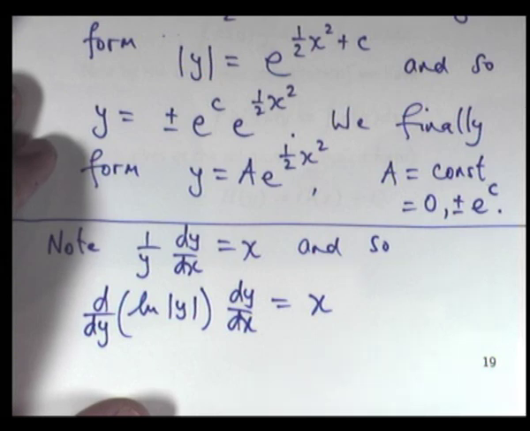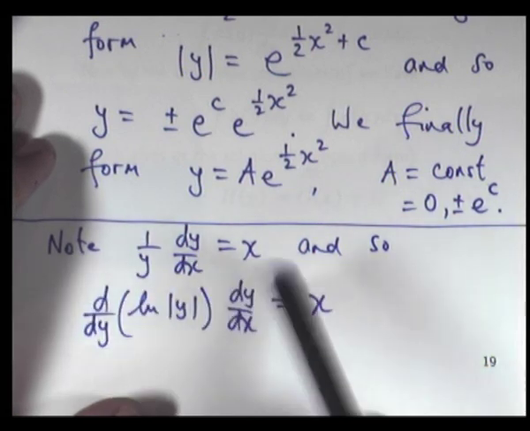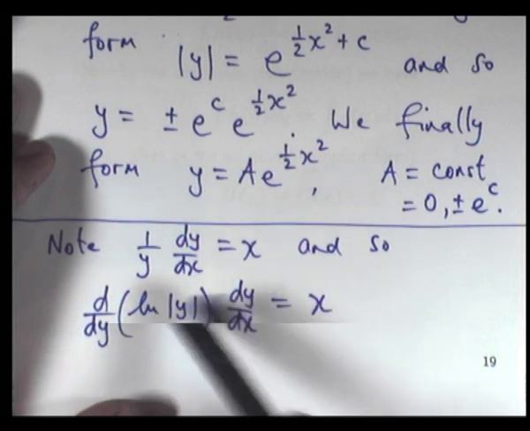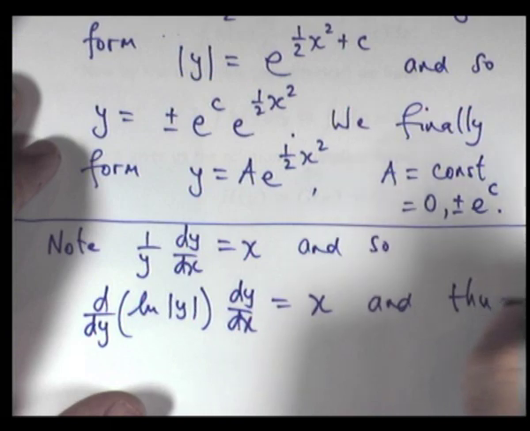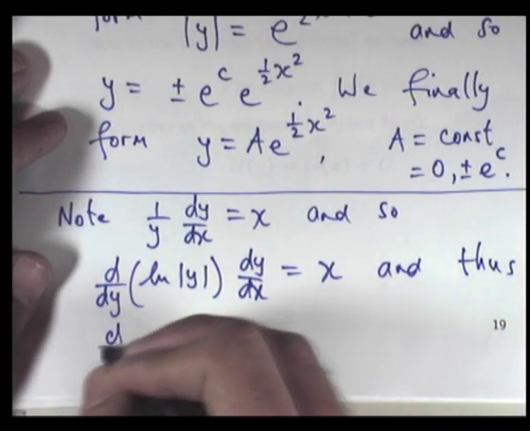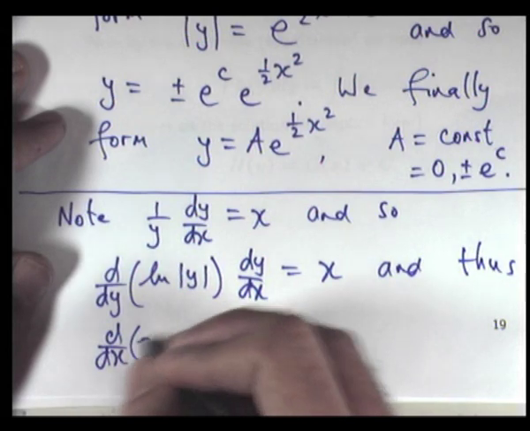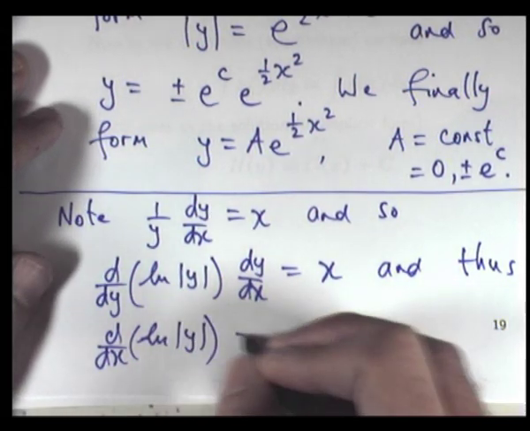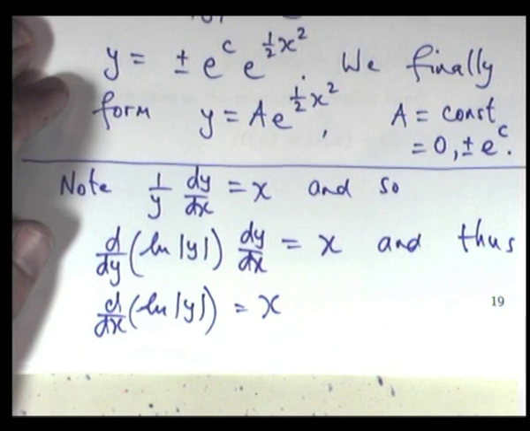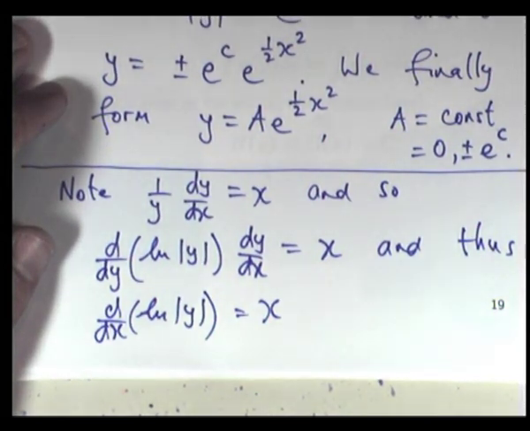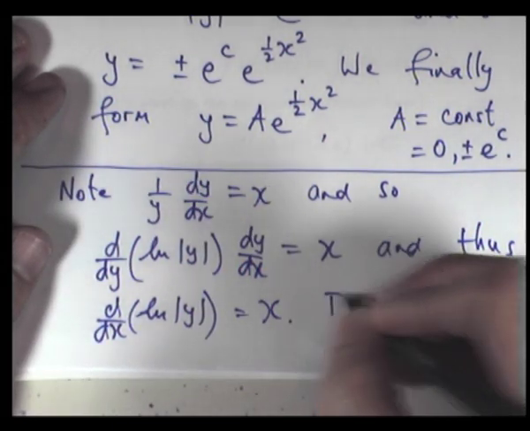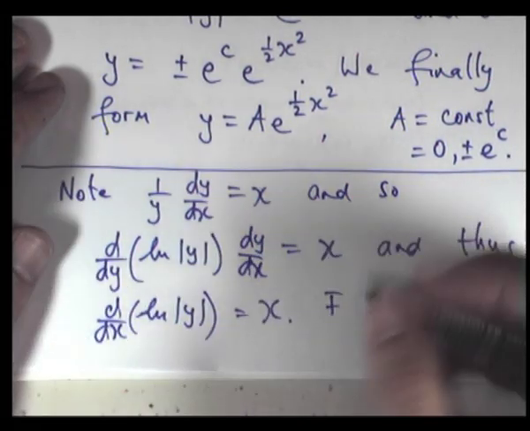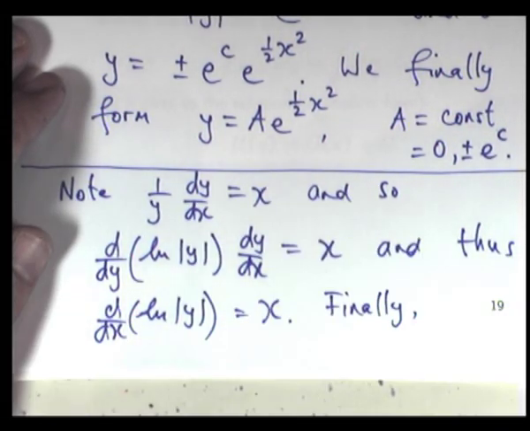Now, what I can do is cancel off these dy's and I get dx here: d dx of log y equals x. So you can actually go to this step using the chain rule if you can see it. All we need to do is to integrate both sides of this equation.